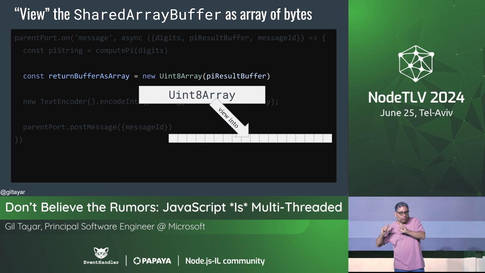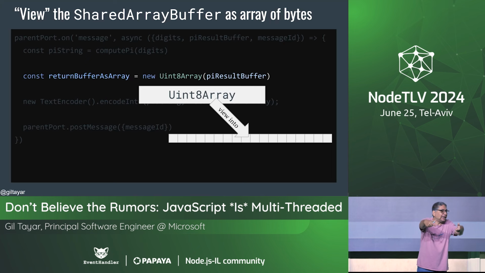It's called viewing. You create a uint8 array or an int8 array or an int32 array. You create an array of bytes. Uint8 is bytes that view the shared array buffer, and any change on the uint8 array will actually change the buffer. This is how JavaScript works. I have no idea why.